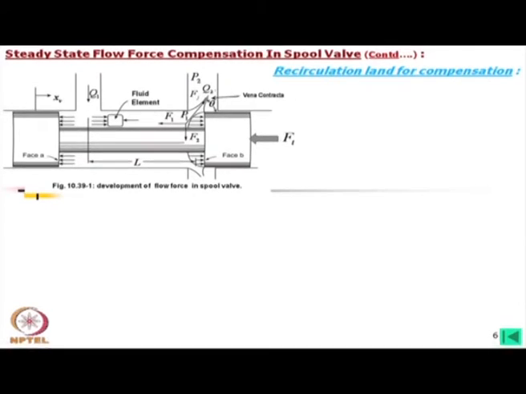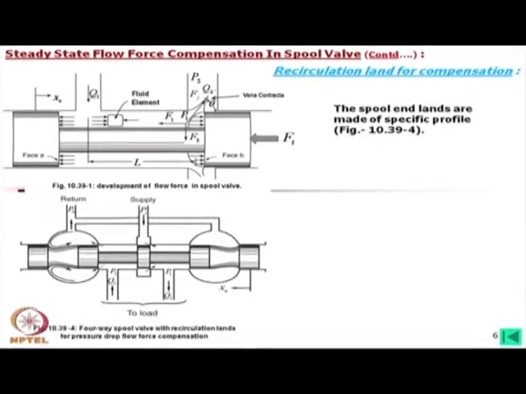Another method is recirculation land for compensation. Now, let us look at what is happening in this valve. The spool end lands are made of a specific profile. This profile is made like this.